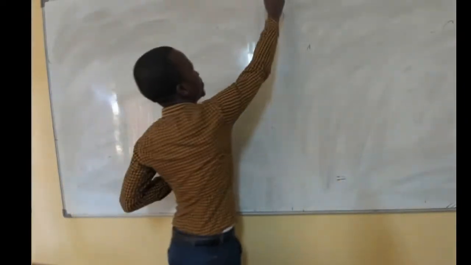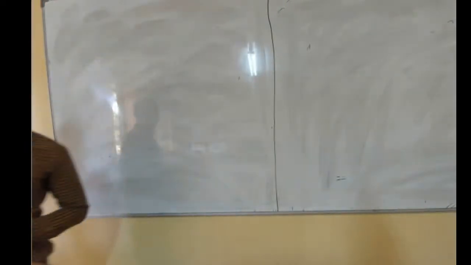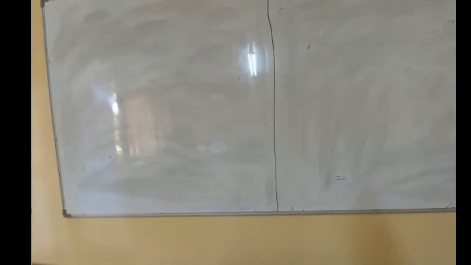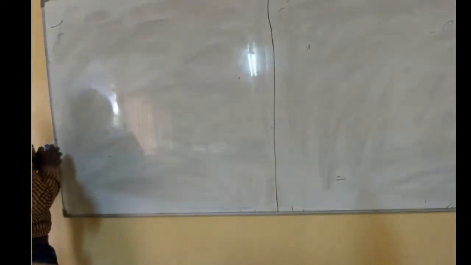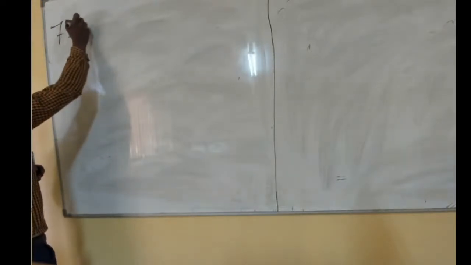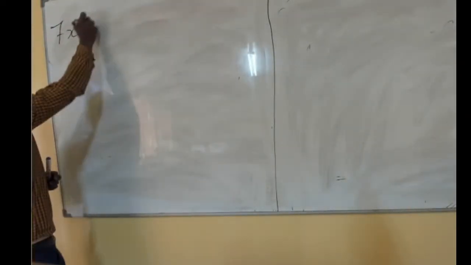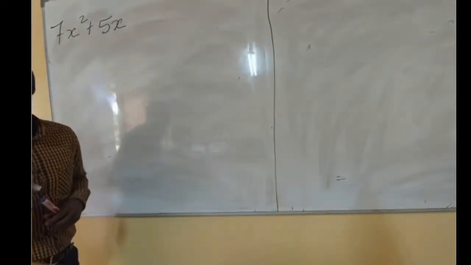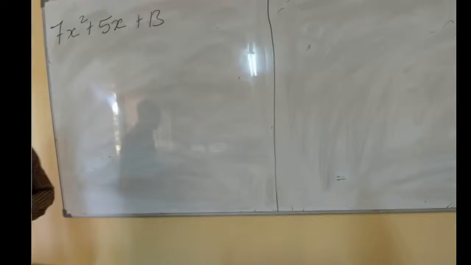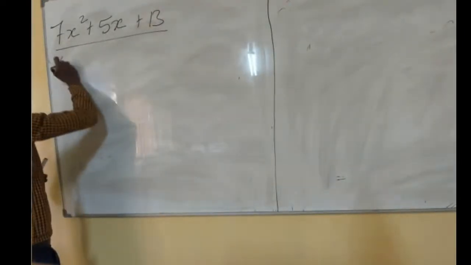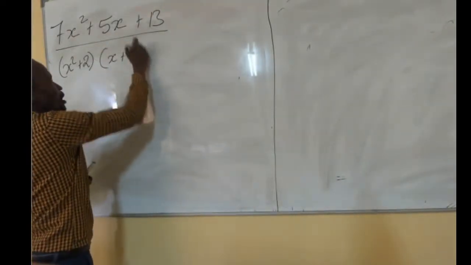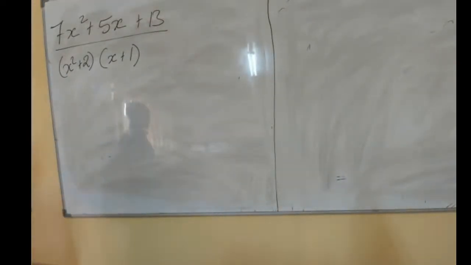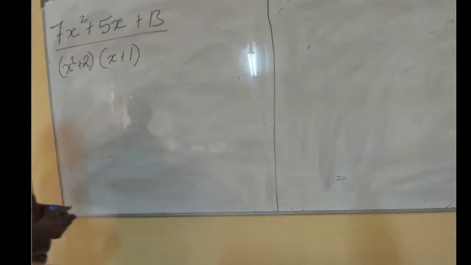So we are looking at this example, in which they are asking us to express the given rational fraction (7x² + 5x + 13) divided by (x² + 2)(x + 1).